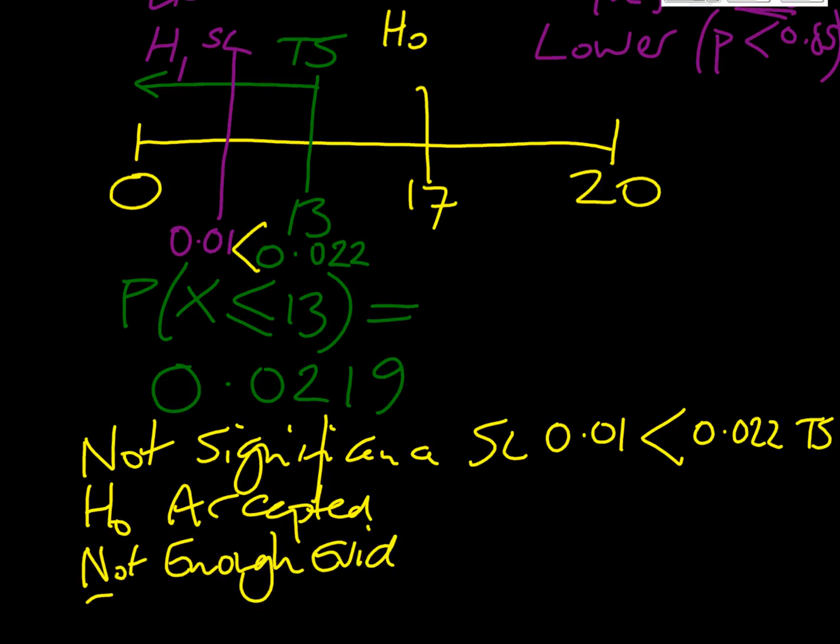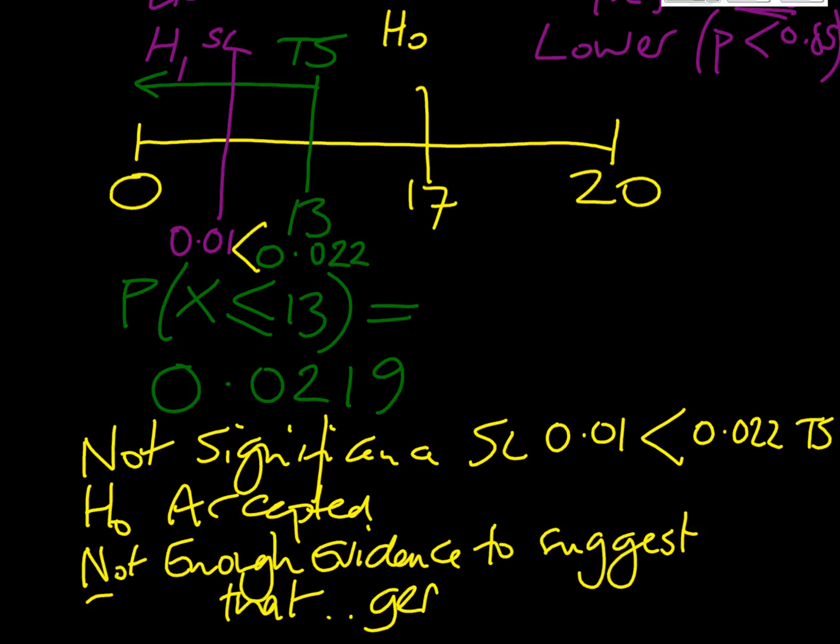This is the wording that we have to use in MEI. To suggest, you could also write to indicate that. So what are we testing out there? In this case, when we pick up the text, it is that the germination rate is lower. Okay, so it's important that you write out it's not significant, you get a mark for that.